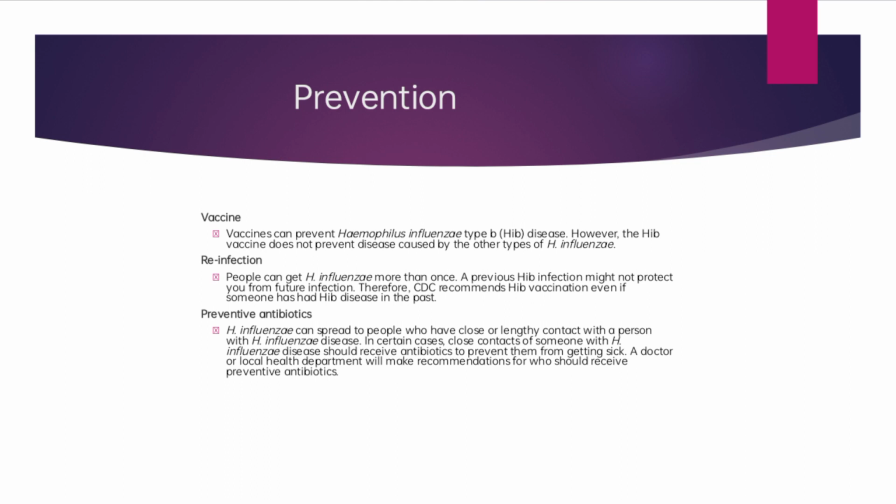Vaccination does not prevent disease caused by other types. Only one type of disease can be prevented by the vaccine, which is Haemophilus influenzae type b.